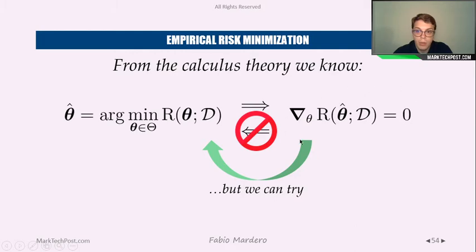For example, if we take a look at the right expression, theta hat could be a maximum, a saddle point, and still have the gradient of the risk function equal to 0. But the idea here is to try to go from the right to the left by designing some algorithms that are able to discard the saddle points and the maximum, and, if possible, the local minimum.